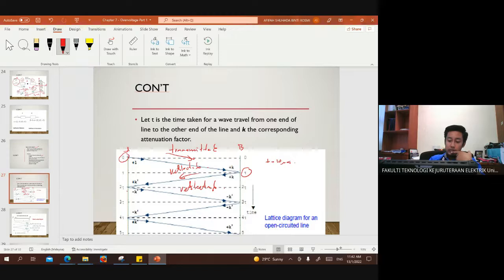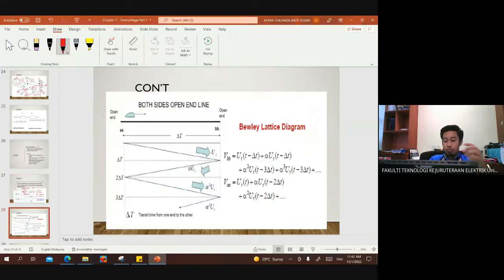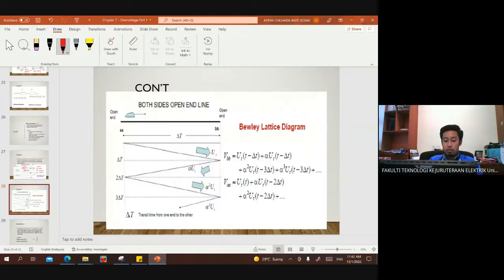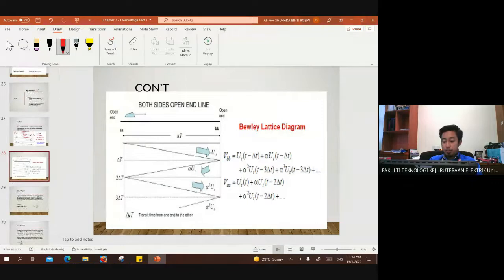So the T is 20 microsecond and the time is still same, and then the reflect back 3T equal to 30 microsecond, and then the reflect back, which is the 40, and you can get the 40 microsecond. Okay, so this is the operation of the Bewley lattice diagram.